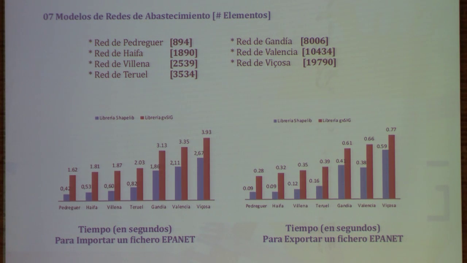As we can see here, the Pedreguer network, which is the smallest, and Belicosa, which is the biggest, we can see the times which are used up between the 2 libraries. The advantage of using gvSIG is that we can have everything put in the TOC with the correct symbol, with the symbology that we want.